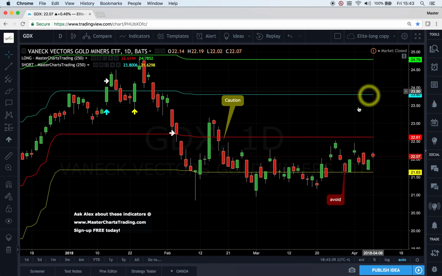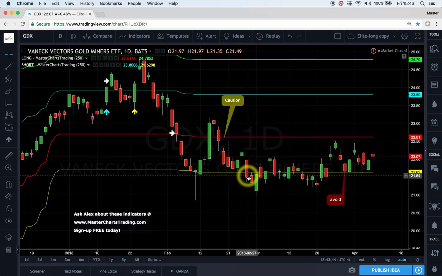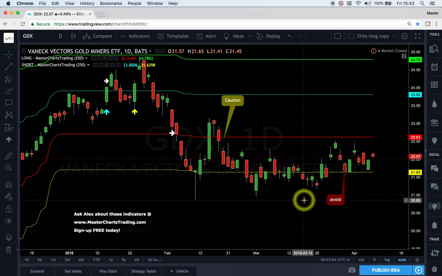So here's GDX. You can see that the breakdown occurred on the 27th of February 2018, and now I'm just very indecisive about gold. I'm basically avoiding it, and I'm avoiding all gold miners and gold itself because I'm not really sure what is going on.